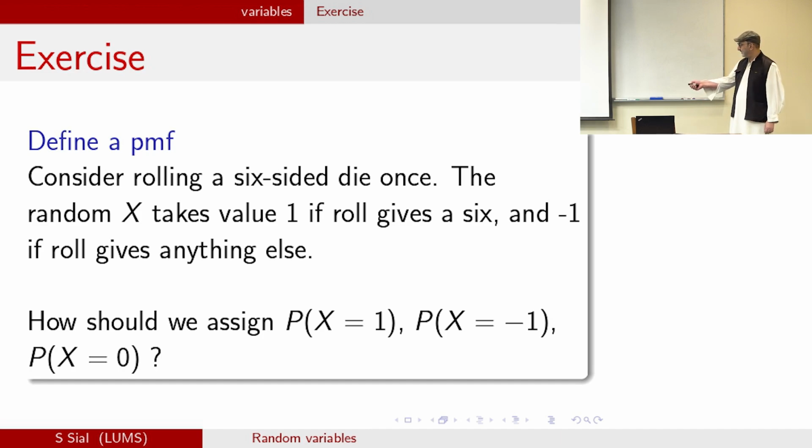So the probability that x is equal to minus 1 is 5 over 6. Okay? What's the probability that the random variable takes the value 0? 0, because the random variable only takes values plus 1 and minus 1. So there's no way that it can take the value 0. Okay?